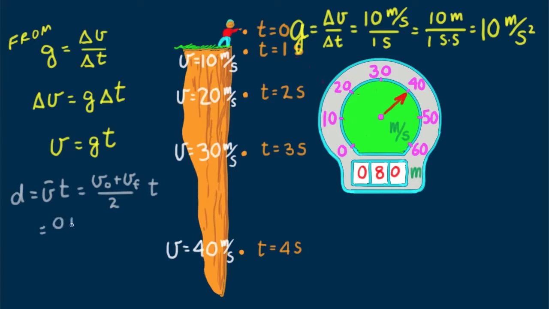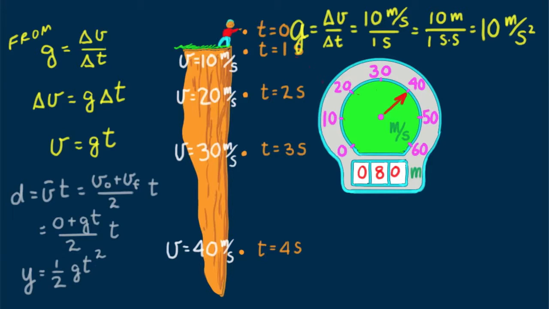And we see our initial speed in this case is 0, and v_f is the final speed at time t. And we have distance equals 1/2 gt times t, and t times t is t squared. So the distance fallen is 1/2 gt squared.